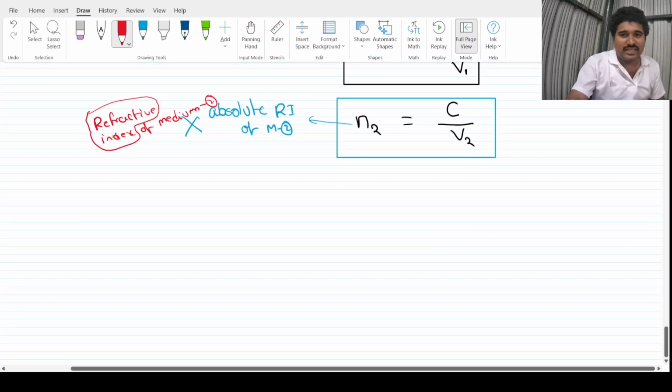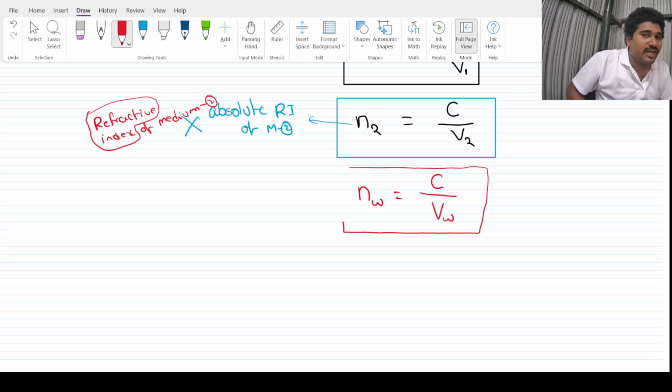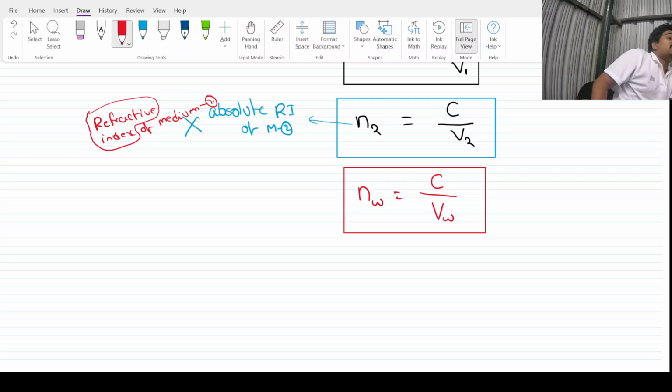Suppose I write nw, w means water. So it will be c by vw, the speed of light in vacuum divided by the speed of light in water. What is nw? The refractive index of water.